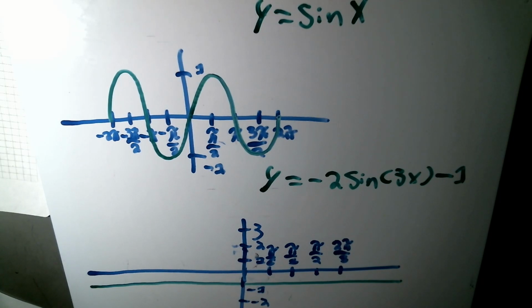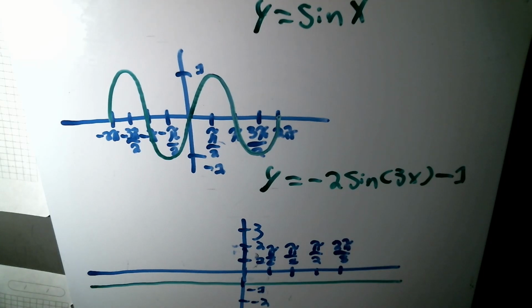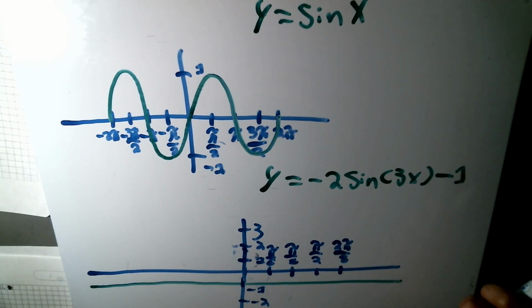Wait, I want to make sure I'm taking this correctly. 2 pi over 3, pi over 3, pi over 2. 1/6 plus 1/6 is 1/3. 1/6 plus 1/6 plus 1/6 is 1/2. 1/6 plus 1/6 plus 1/6 plus 1/6 is 2/3.